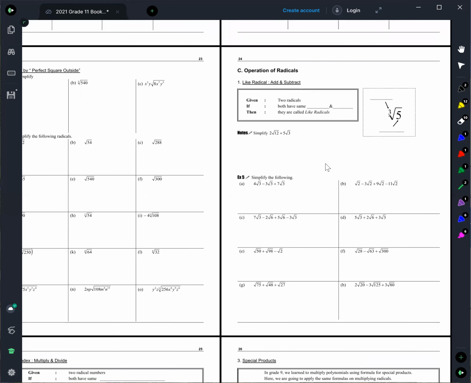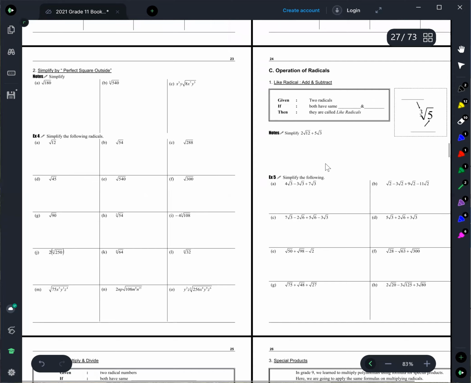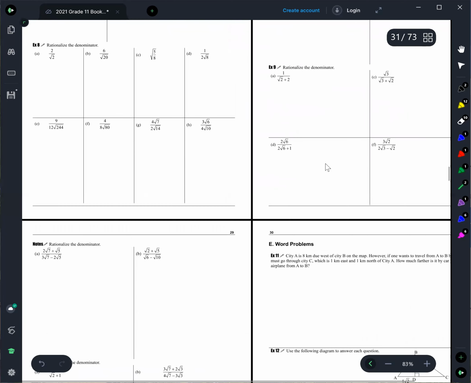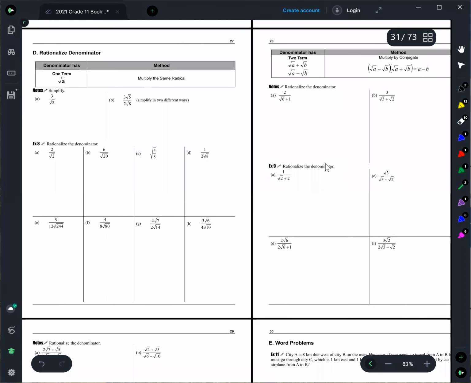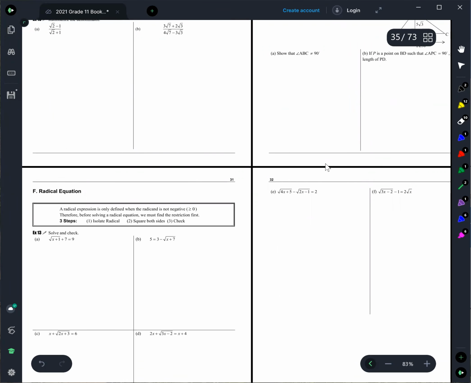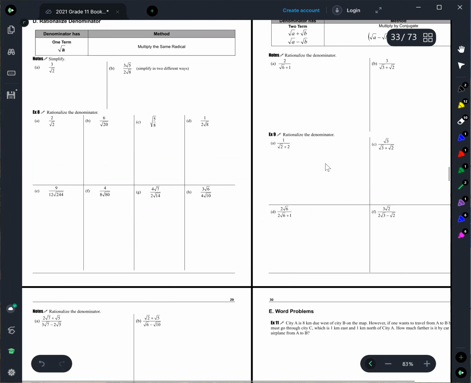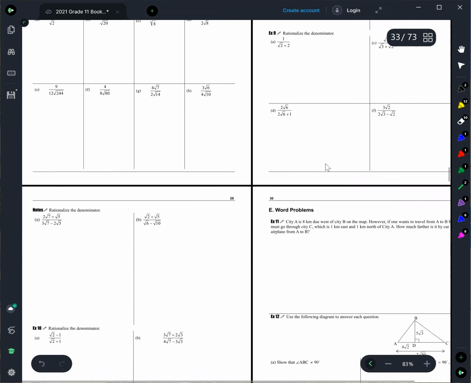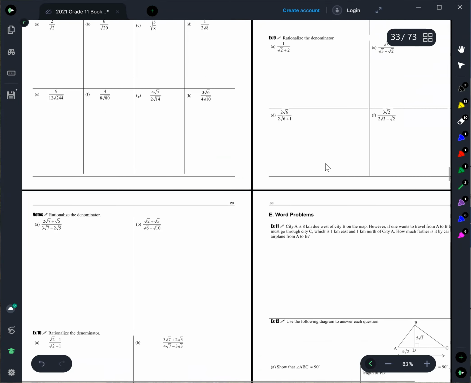Operation means it could be adding, subtracting, multiply, divide. And then part D is called rationalized denominator. Part F is equations. Okay, so total of 5 parts. We have word problems too. Okay, so 6 parts.